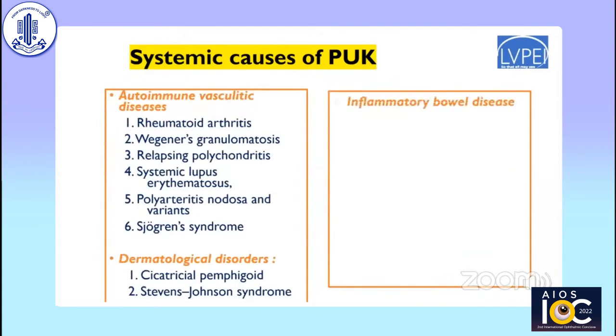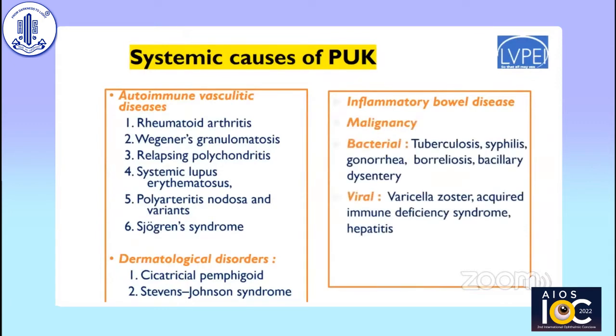Coming to some of the systemic causes, the immune-mediated causes of PUK. These include autoimmune disorders such as rheumatoid arthritis, Wegener's granulomatosis, and many other such diseases, even certain dermatological conditions, and the list goes on to include inflammatory bowel disease, as well as systemic infections, which I had talked about a little bit earlier.